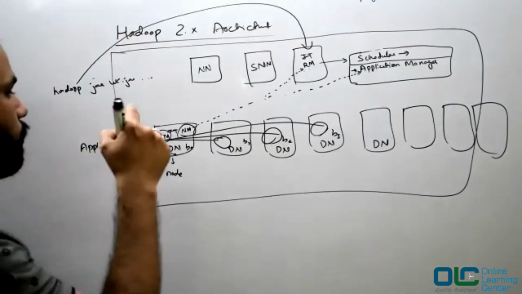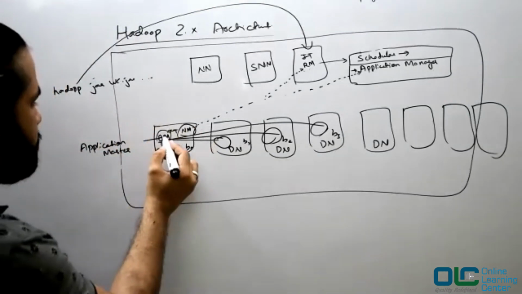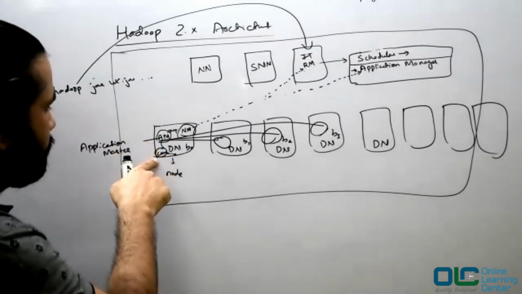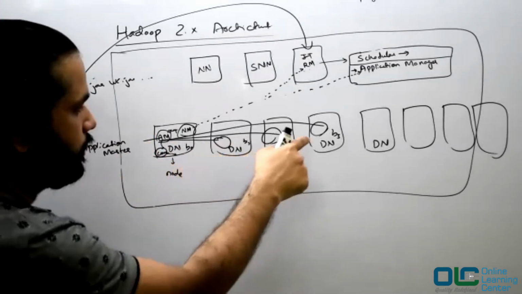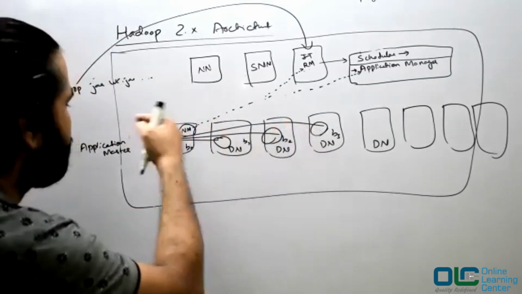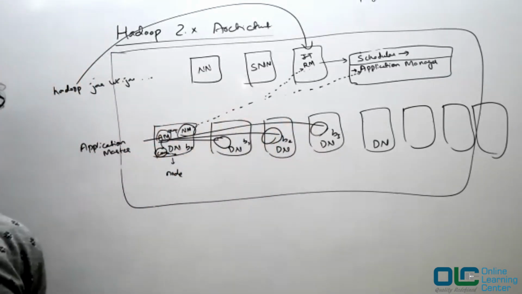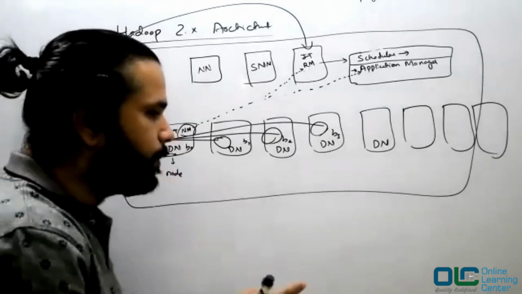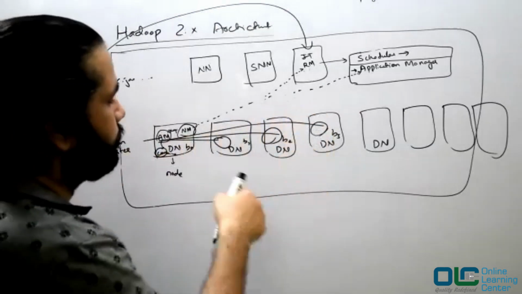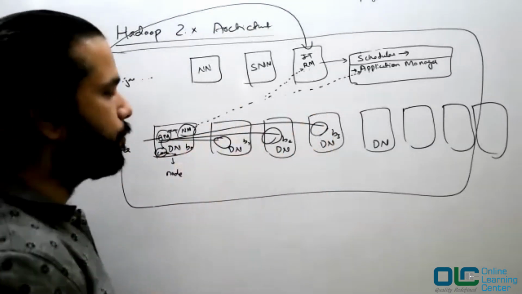And the job runs on a container, right? So this application master will negotiate the containers. You get a container here, here, here, and here, in all different machines, but all of them are reporting to the single application master. So there will be only one application master for a job, and that is where you start running your program.